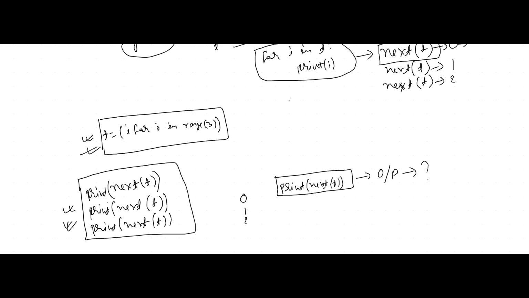And then in another block below this, write print next of T and tell me what output it is exactly giving. It's giving 0, 1, 2, then it's throwing a StopIteration error for me.